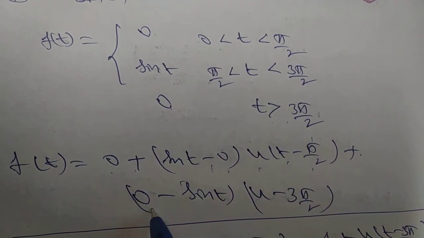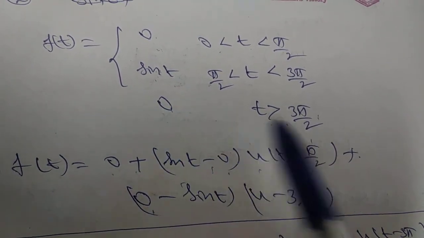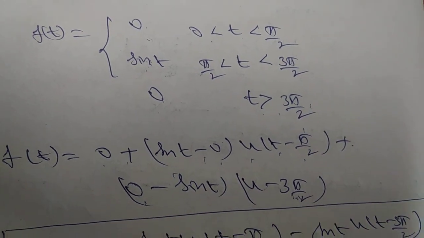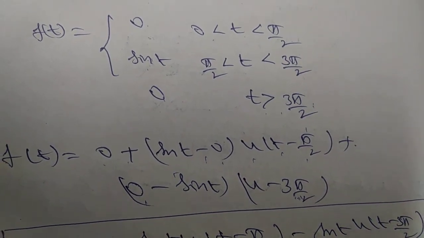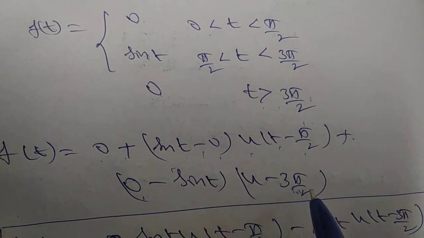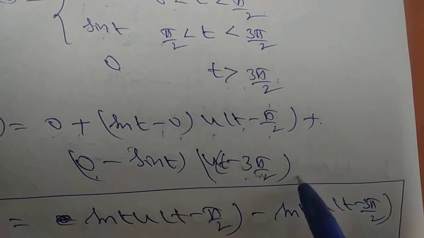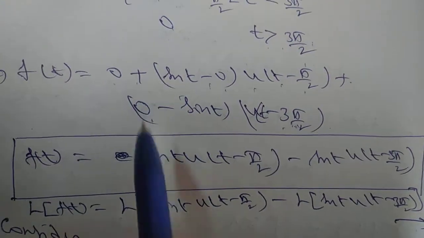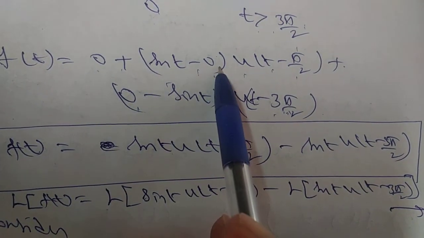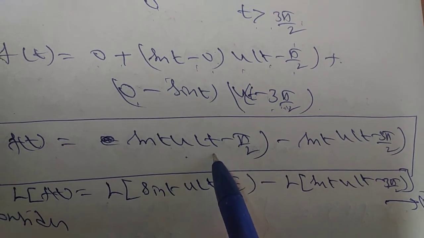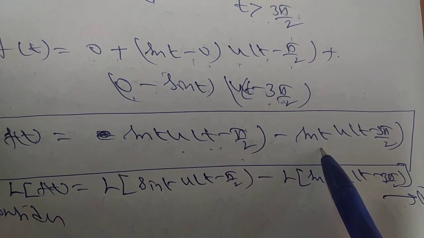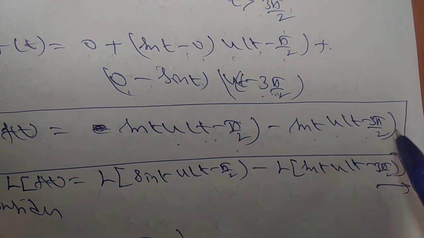Last function means 0 minus sin t into u of t minus b, so u of t minus 3 pi by 2. So now f of t can be written as sin t into u of t minus pi by 2, minus sin t u of t minus 3 pi by 2.